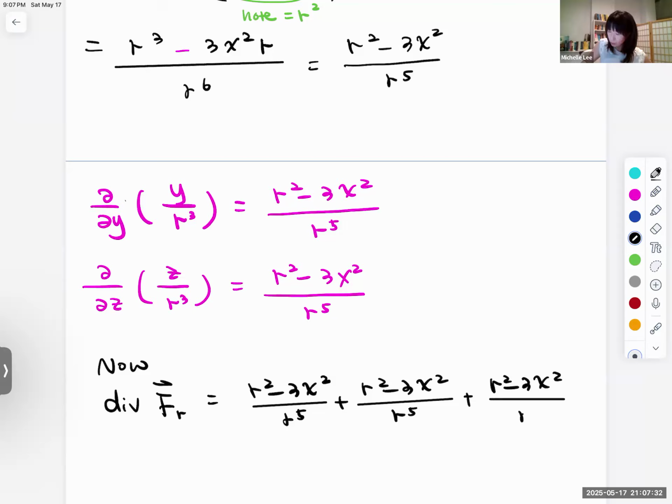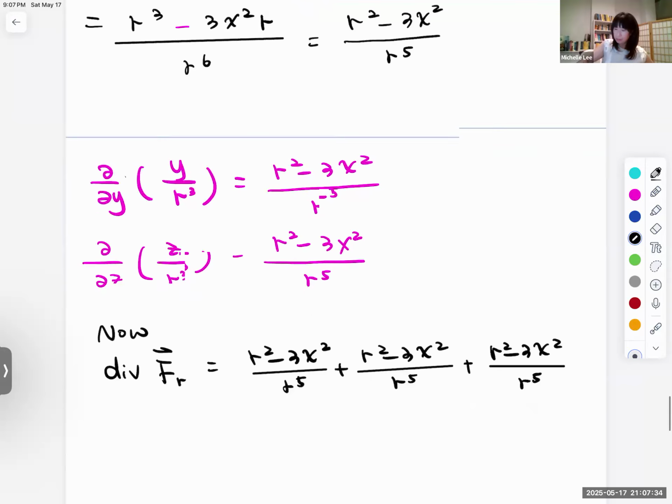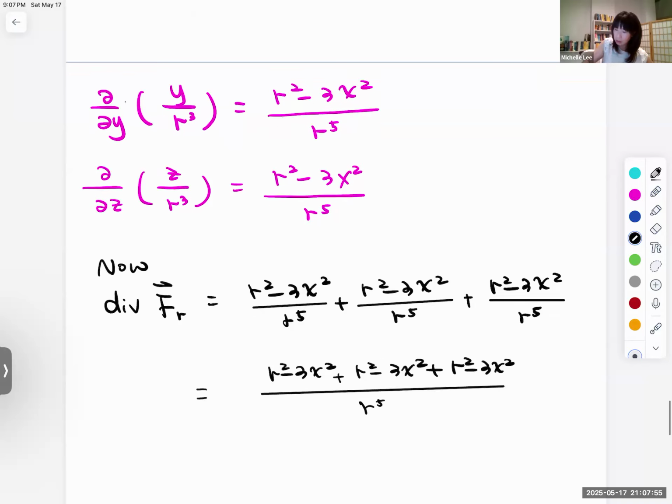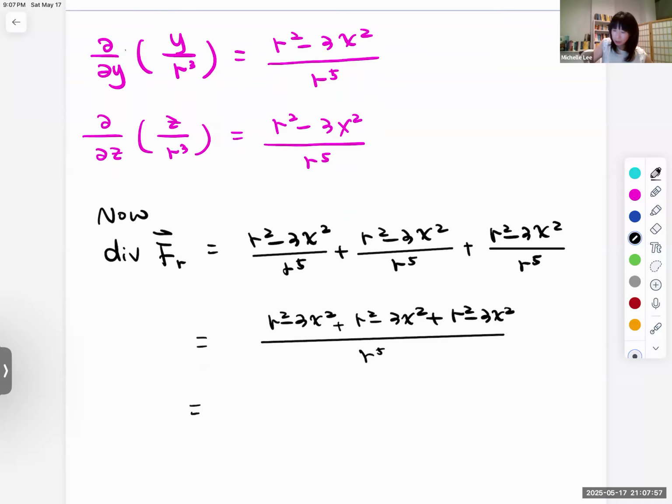Okay. Now, common denominator is r to the 5th, r squared minus 3x squared, positive r squared minus 3x squared, positive r squared minus 3x squared. We have a 3r squared there.